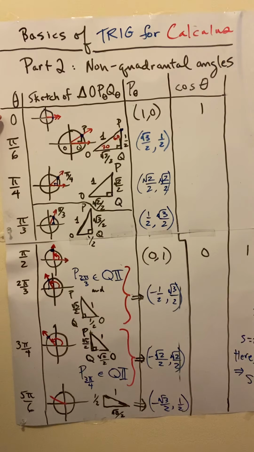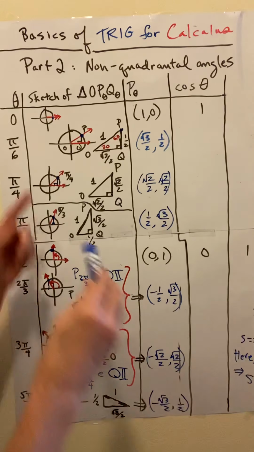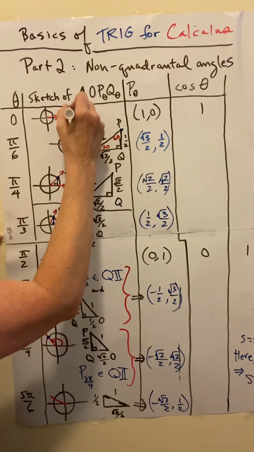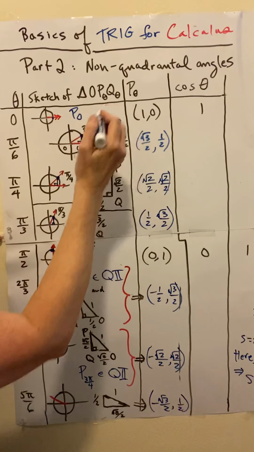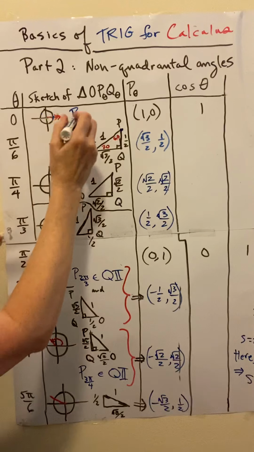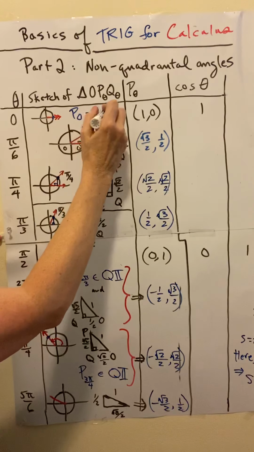As you saw in the first video, if the angle theta is equal to 0, the initial ray and the terminal ray are coincident, and the point P sub 0 there in blue is at the point (1, 0).